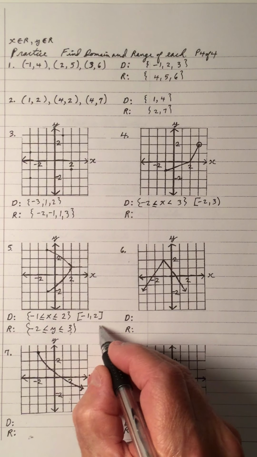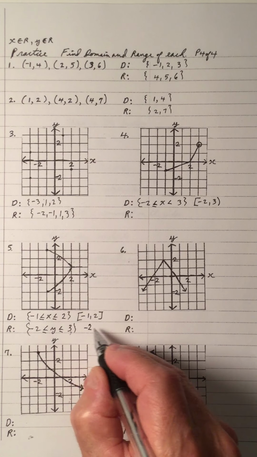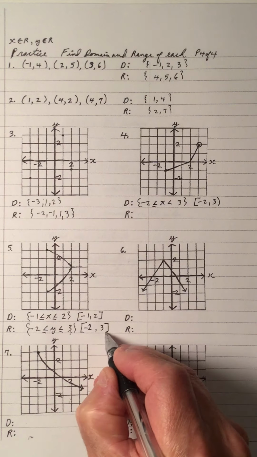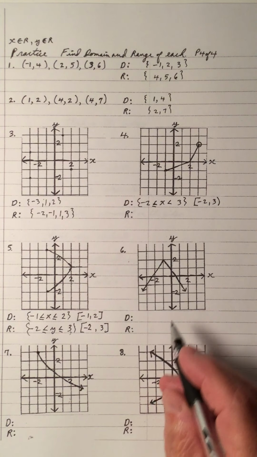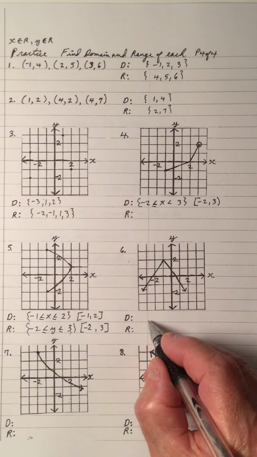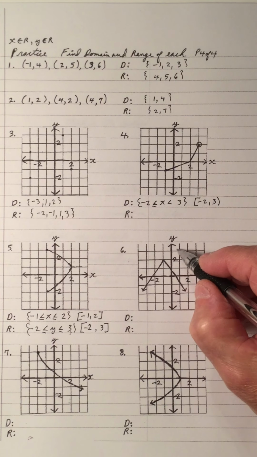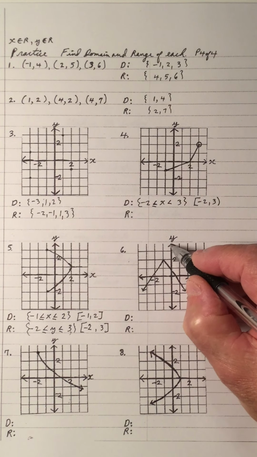So there's the inequality, and so it's a 2 negative and a 3 with box, because these square brackets mean they're included. Number 6, the domain is the x values. Notice that there are no x's up above the 2, like a 3 or a 4 or a 5.